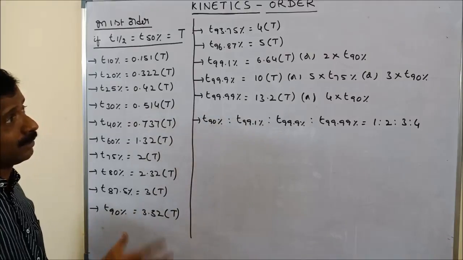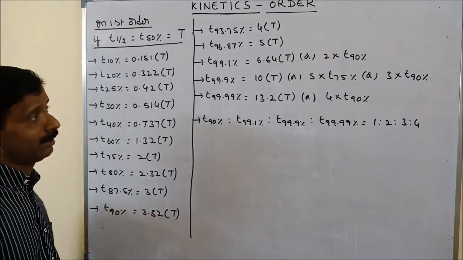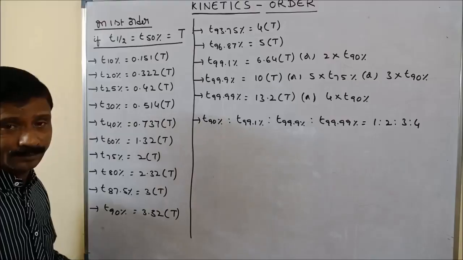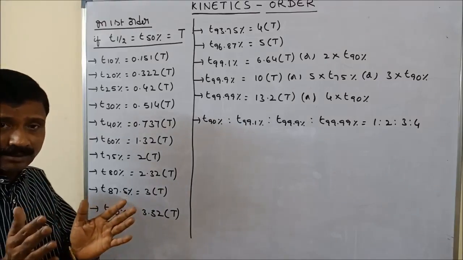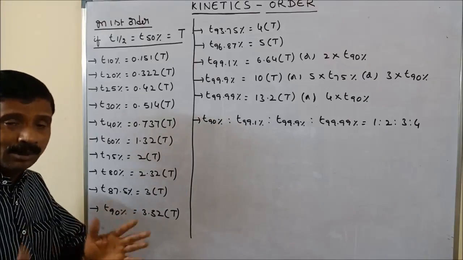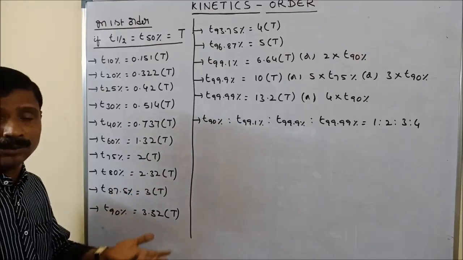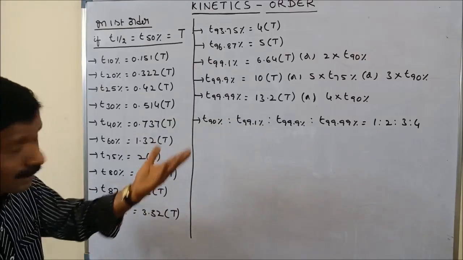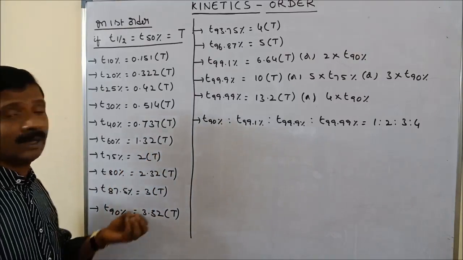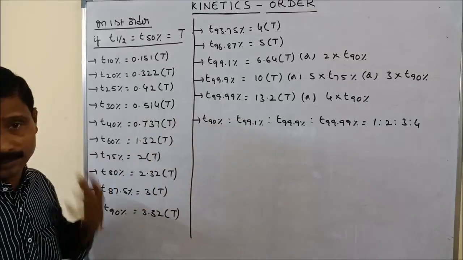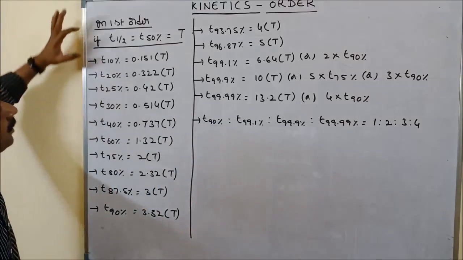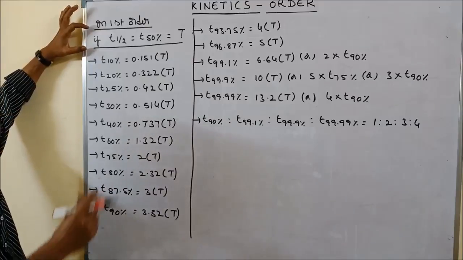By using log values we calculated, and I am trying to give the relations in a simple way to remember, and where you have to apply them if the question is related to this type of model. So for that, just try to understand and have a look.